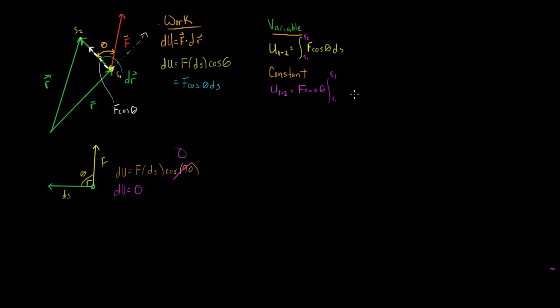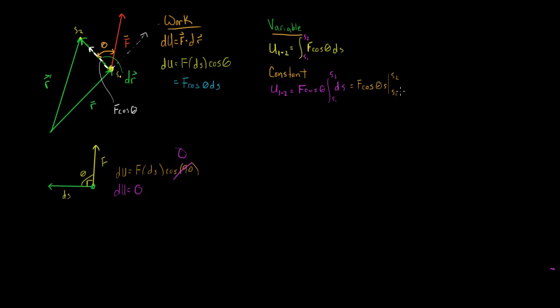And since this is constant, it can come outside our integration, so times ds. Now, when we do this integration, we're going to have F times the cosine of theta times s, which is evaluated from S2 to S1.